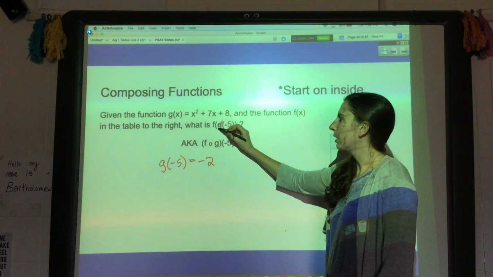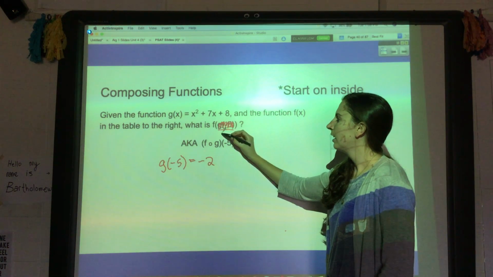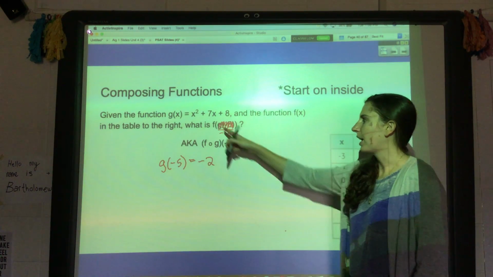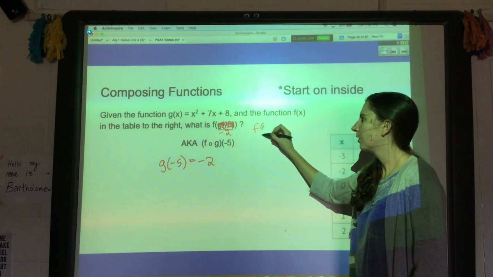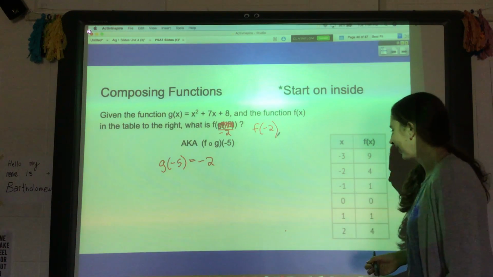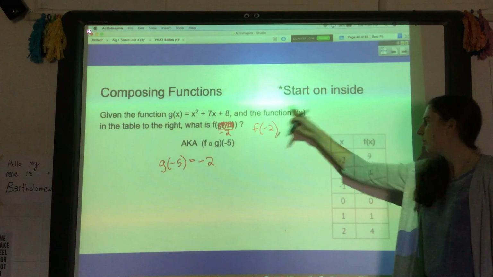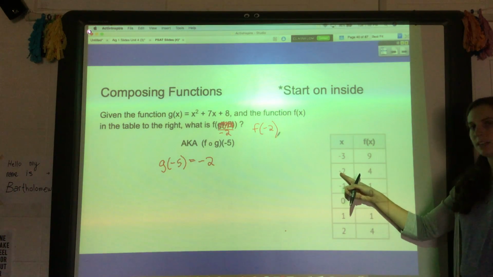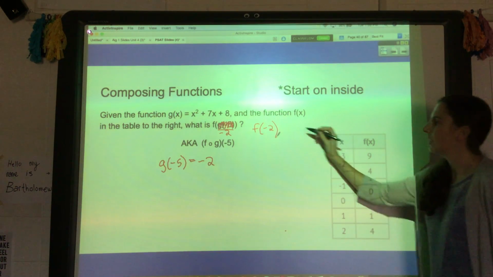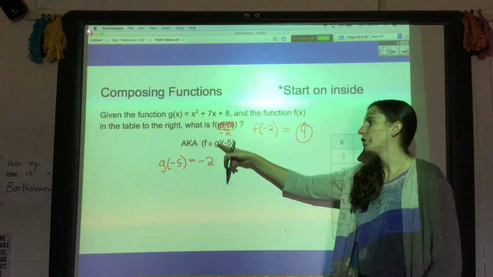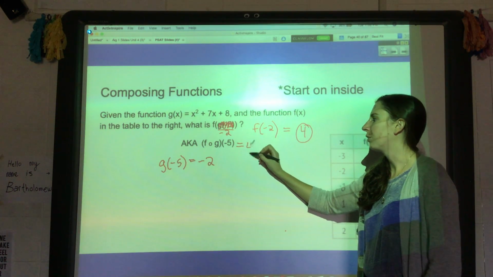Meaning, I'm going to replace this entire thing with -2. And so now, I'm just finding f of -2, which we also did on the other slide. It's almost like I planned this. F of -2 is right here. Input is -2, the output is 4. And so the entire answer here of f of g of -5 would be 4.